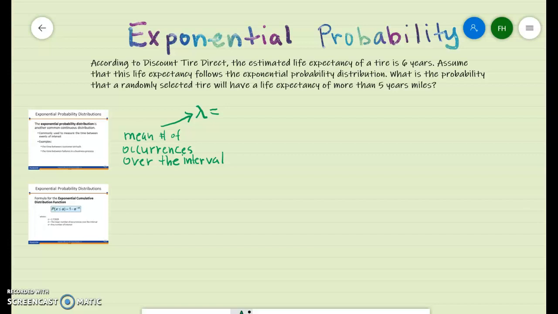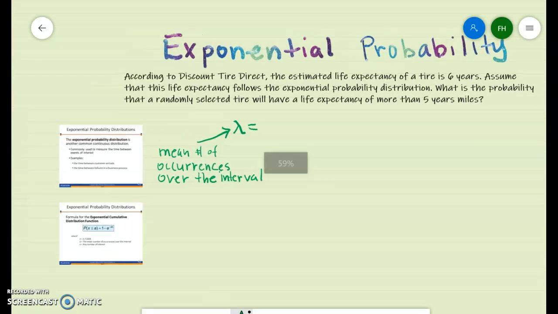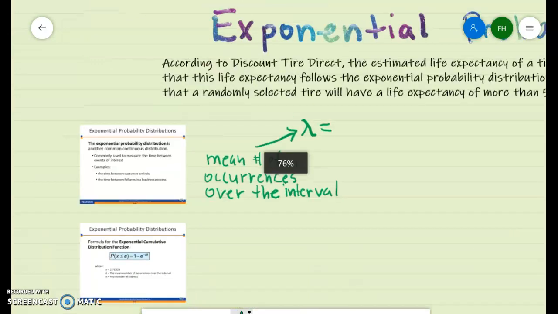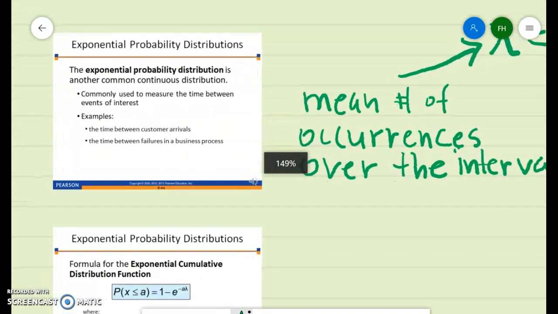So when we're doing exponential probability, our formula is just a little bit different from the formulas we've used in the past. So I've pulled up the slide here, and let's take a look at it before we work this problem. So when do we use exponential probability?